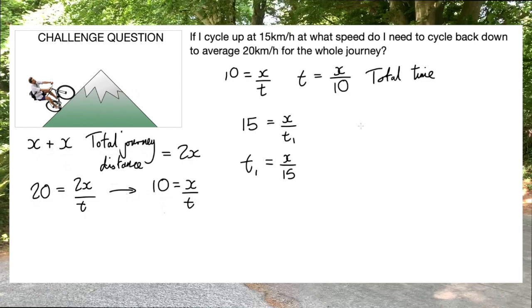Okay, so the way back down, I might say, let's call it k. I have k equals the same distance x, and it's going to take a different time. Let's call it t2. If I rearrange this, I have t2 equals x over k, k being my unknown speed.